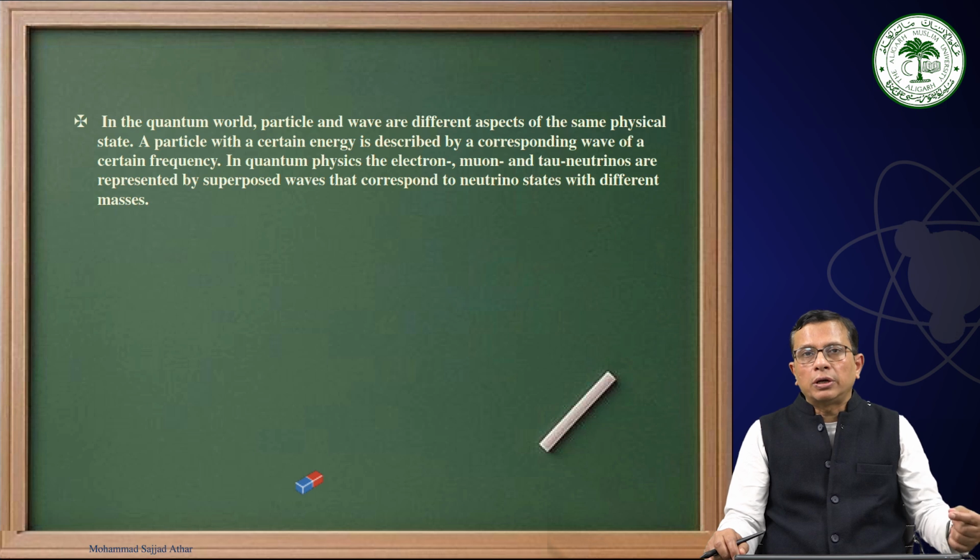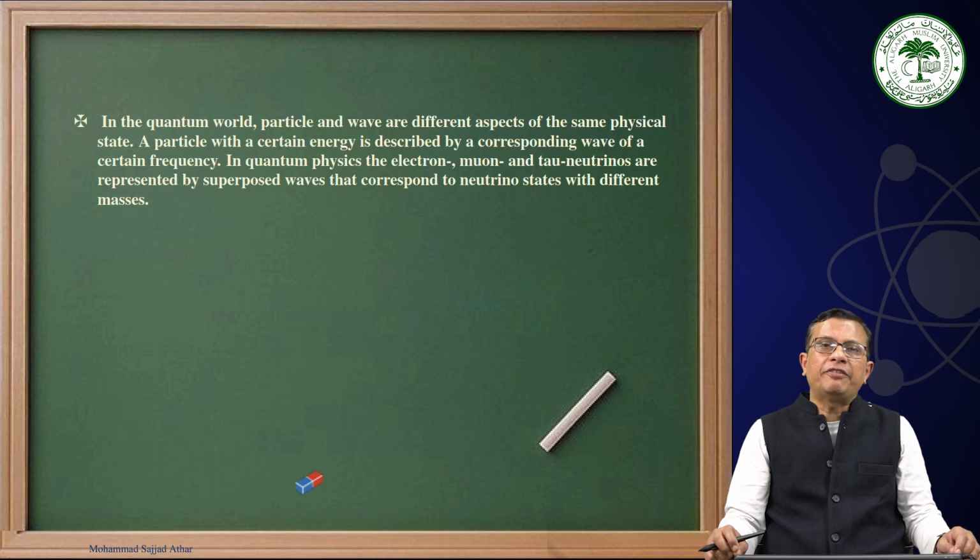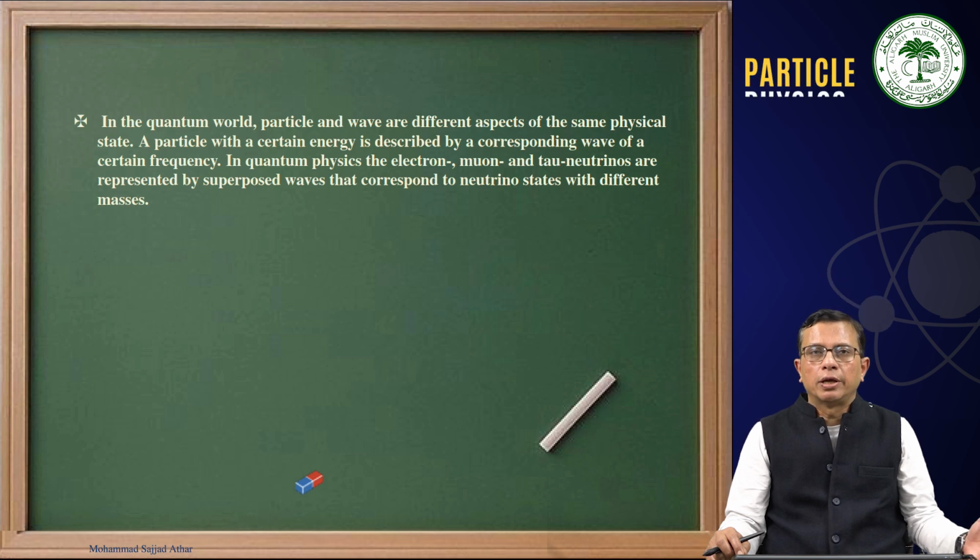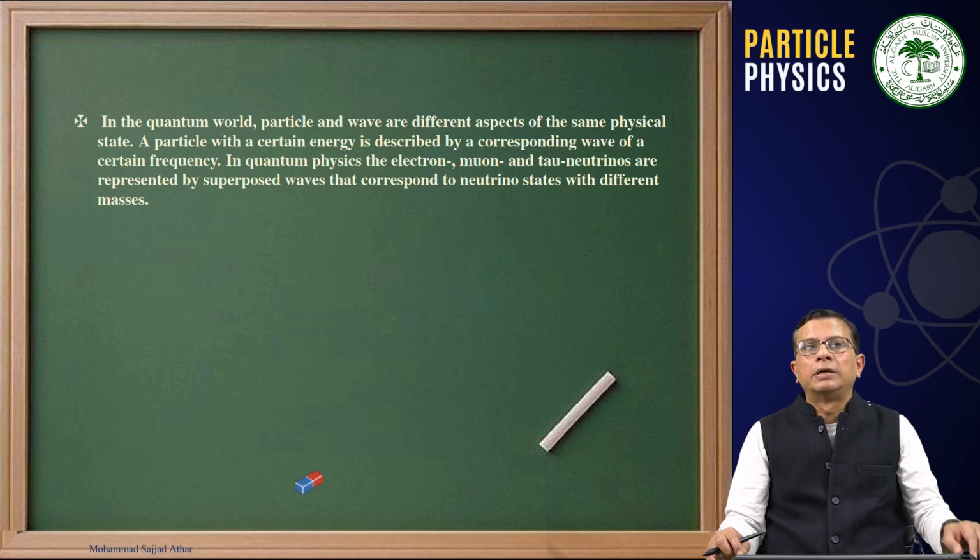Then the photon is a wave, as well as Compton scattering tells us that the photon behaves like a particle also. Therefore, in general, everything we talk about, including humans, has both particle-like and wave-like behavior.